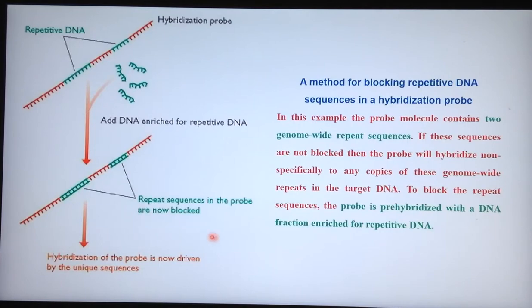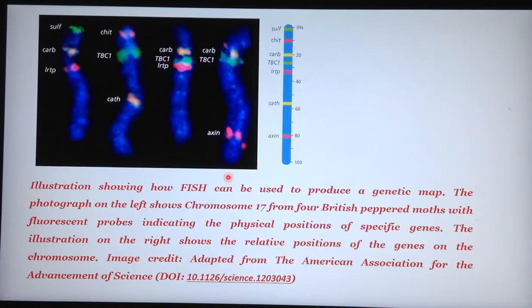on the chromosomal DNA. Now here we see a genetic map of chromosome 17 from the British peppered moth. When fluorescence in situ hybridization, FISH, was done for these different genes, we can see that here is this sulf carb gene, then we have these genes here. Now when you see the position of these genes present on the chromosome, we can come up with the gene map present on the chromosome.